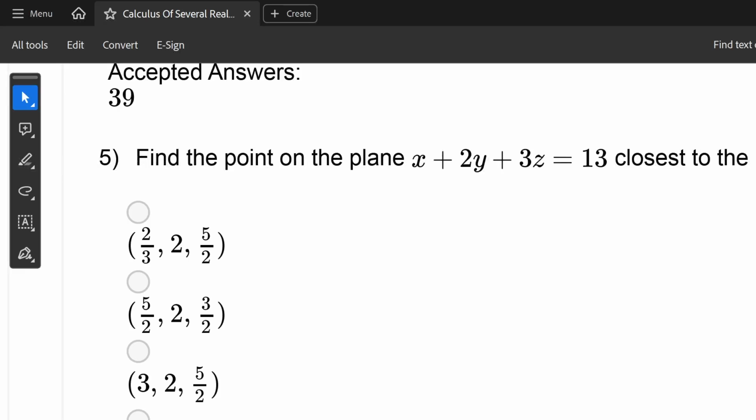Any idea? So you have to find. I will write the question.